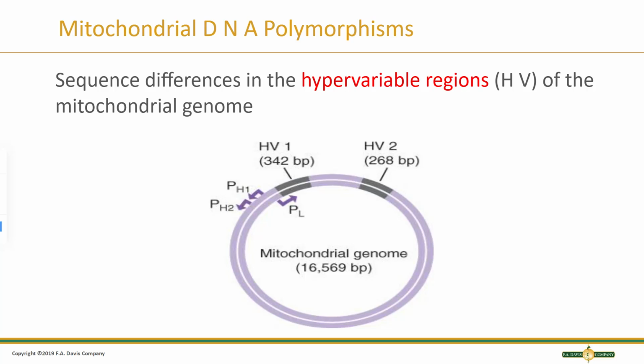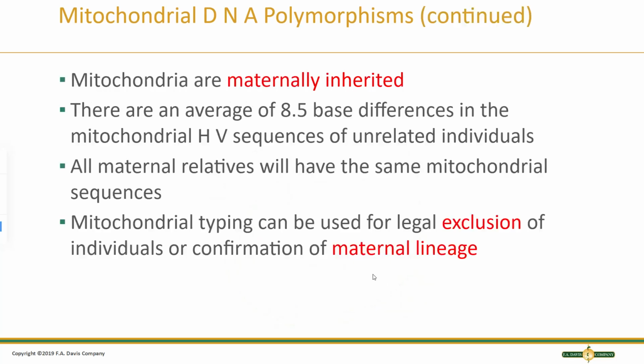Mitochondrial DNA can only come from the mom. Sequence differences in the hypervariable regions of the mitochondrial genome are depicted below. Mitochondria, again, are maternally inherited because if you think about what contributes to making the baby, you have the sperm, which is super tiny and doesn't contain any mitochondria. It's just genetic material encapsulated with a motor protein that's going to allow it to swim.